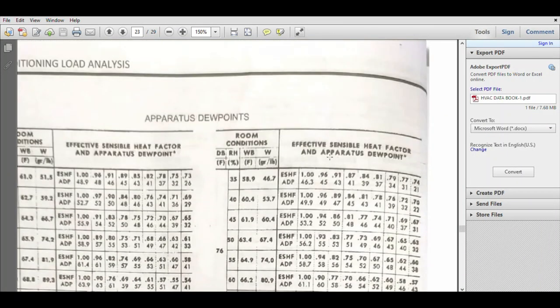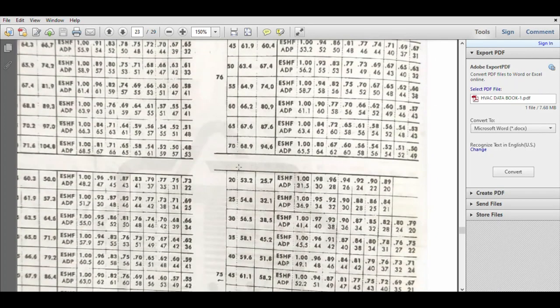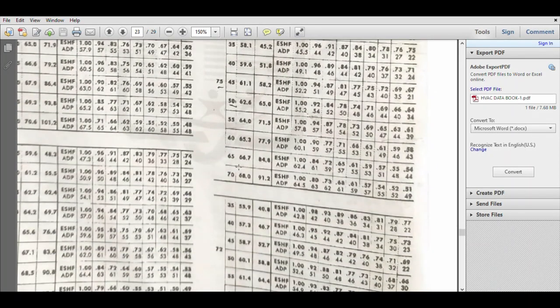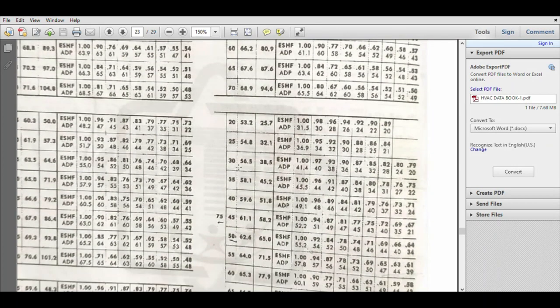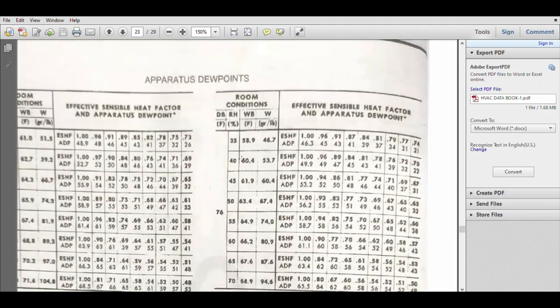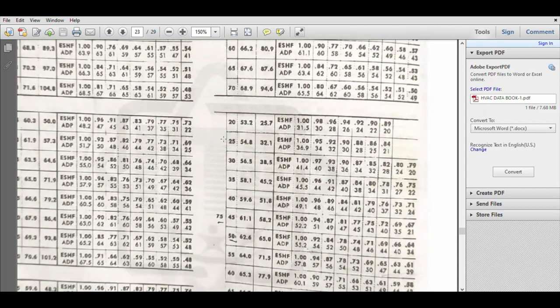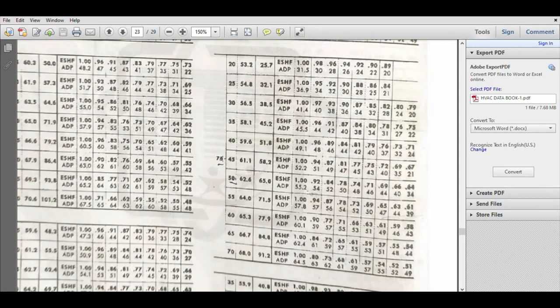See, this is the apparatus dew points. Okay, see, these are the dry bulb temperatures. Okay, our dry bulb temperature is 75 and relative humidity is 50.